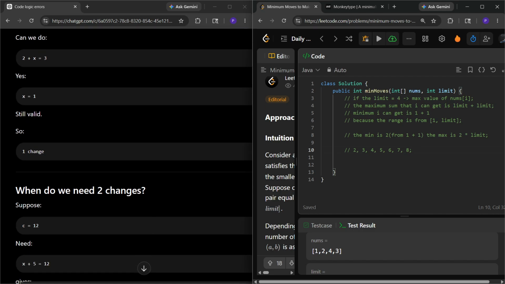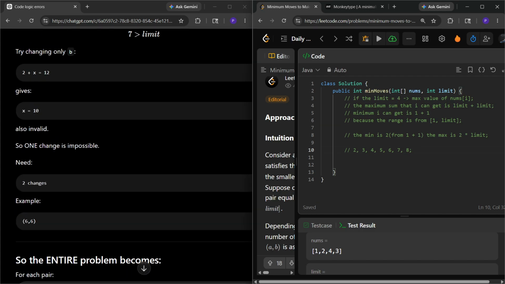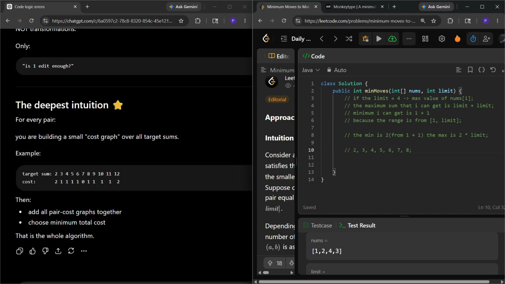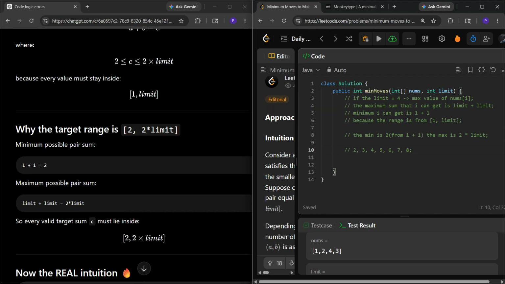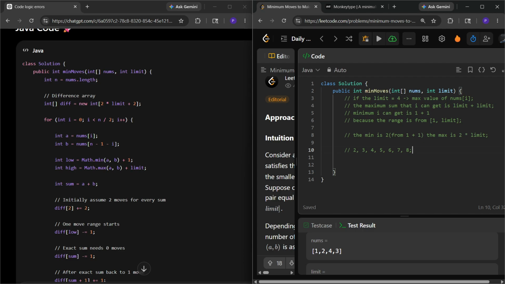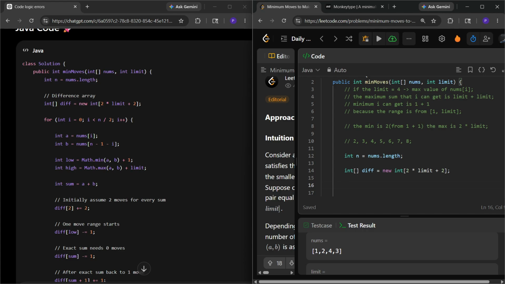Okay, let me start to code it up. Let me just look at this code and start to type it out. Difference is equal to int of size 2 times limit plus 2.